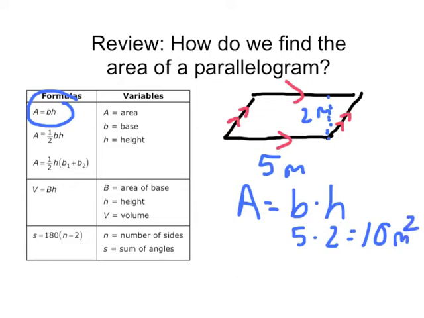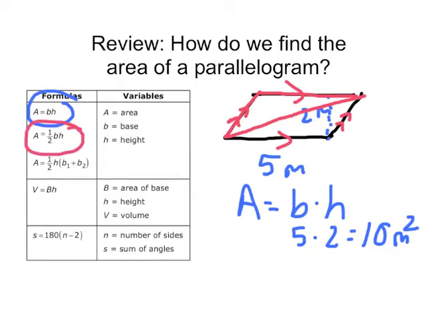gives us an area of 10 meters squared. Now if you look at this parallelogram and you cut it in half, what shape do you have? You see that you have a triangle. So the area of a triangle is going to be half of a parallelogram. And if you look at your formula sheet, they have that rule.